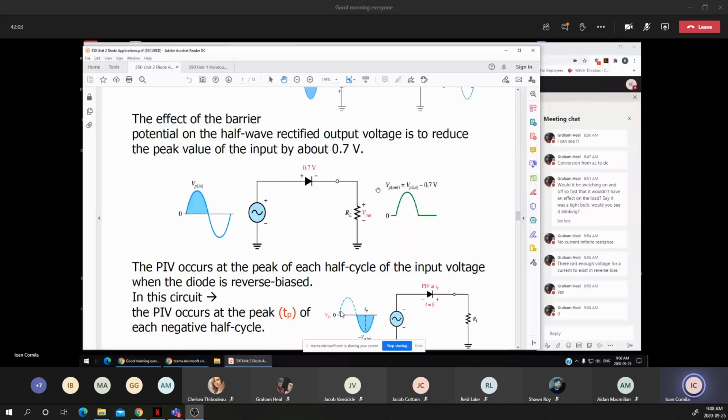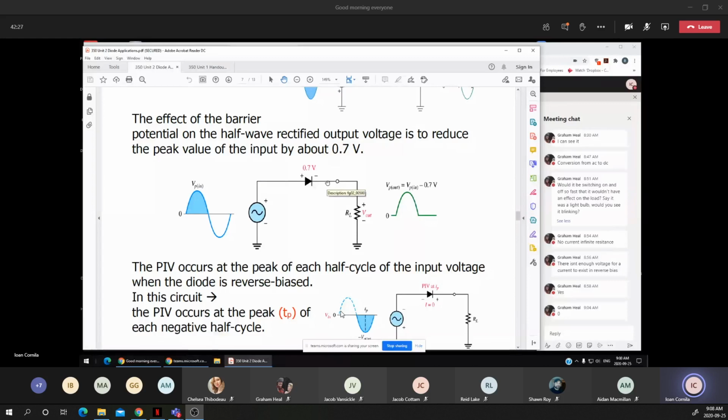To calculate the output voltage, or the Vout, or the voltage across the resistance RL, which is actually the output voltage, it is the VP in, which is the peak input voltage, minus the voltage drop across the diode. That's your VD, the voltage across the diode, which is forward biased.